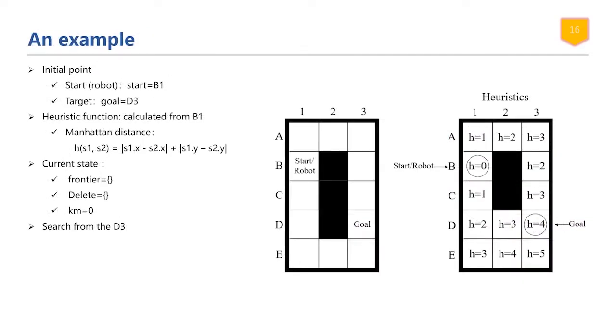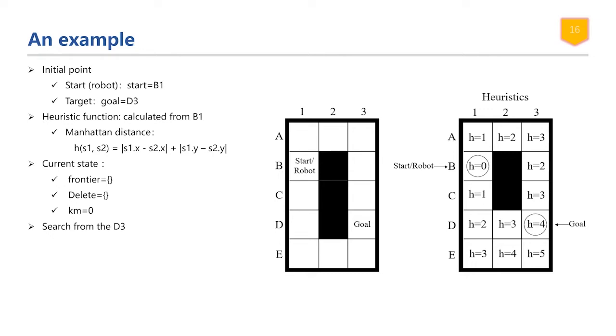Here is an example of tracking D-star Lite. There is a 5 by 3 grid map. The robot starts at B1 and the goal is at D3. The left graph is the real environment of the entire map.